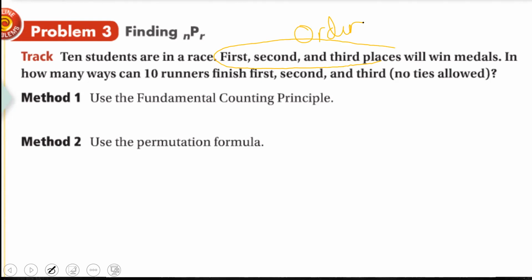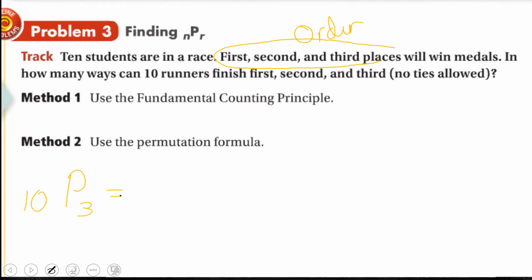In how many ways can 10 runners finish first, second, and third? So like I come to your class, I want to choose the first and the second and the third one. So I want to choose 3 girls in order. I have 10 girls. I want to choose 3 from them.